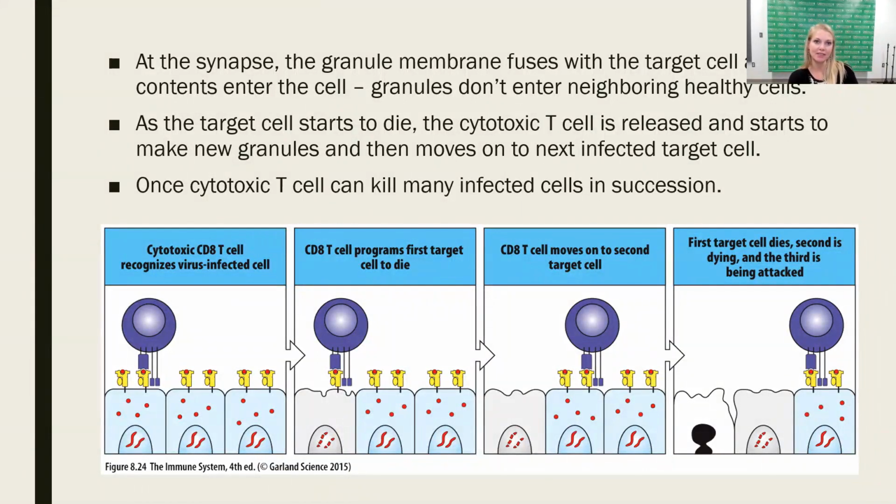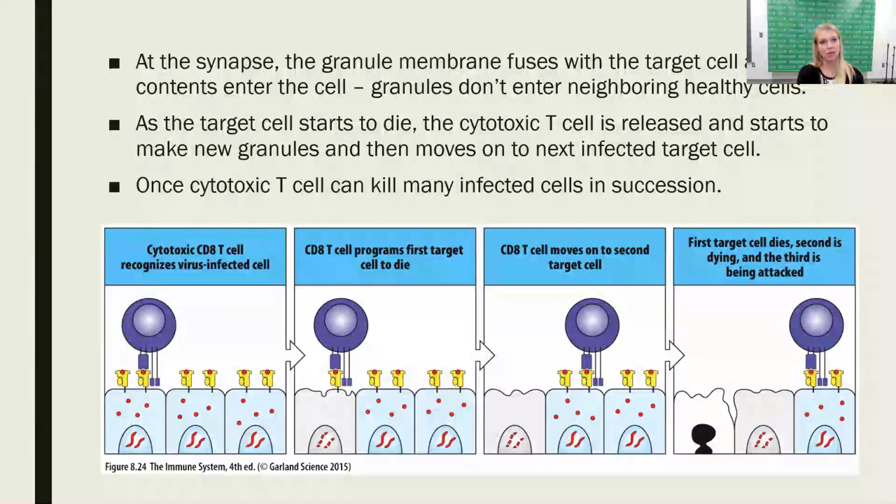Those CD8 positive T cells are going to go right down the line, and usually you're going to have a line of epithelial cells that are infected, and they will examine what is being expressed by the epithelial cell on MHC class 1. If it is the pathogen being displayed on MHC class 1, then the cell that is displaying it will end up being killed.